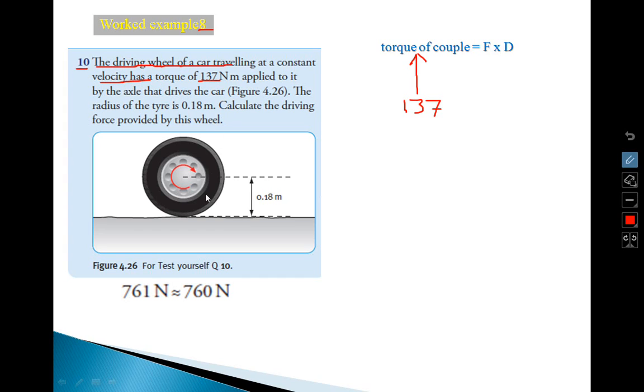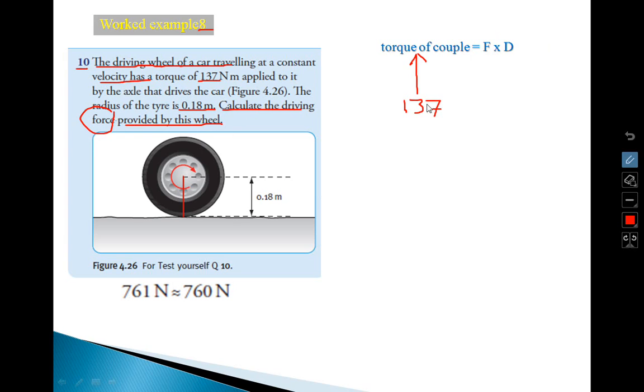The radius from the figure, from here up to the ground, is equal to 0.18 meter. So what do we need here? We need to calculate the driving force provided by this wheel. We need to find the force.